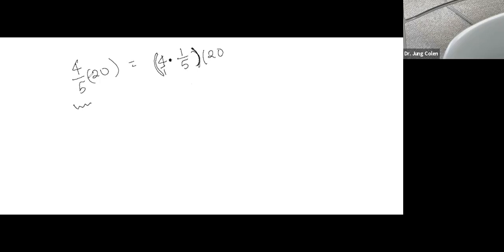Okay, so we have 4/5 as one group, and you multiply that by 20. But instead of doing this, we did 4 times 1/5 times 20, right? So it is the associative property of multiplication. Make sense? Okay, and we cancel these out. And what? 4 times 4. Are we good? All right.